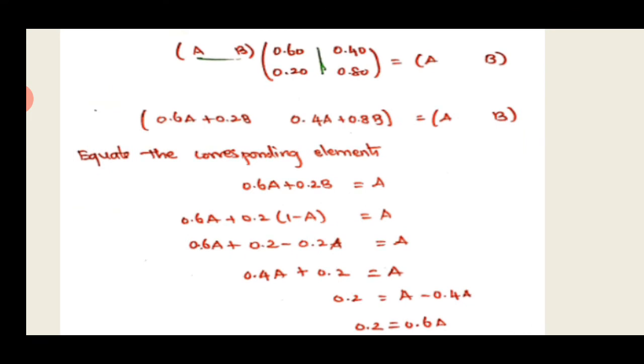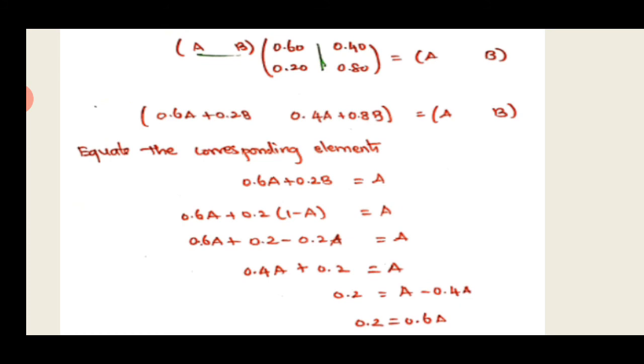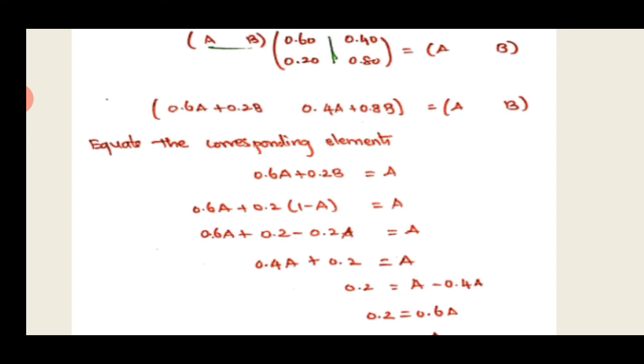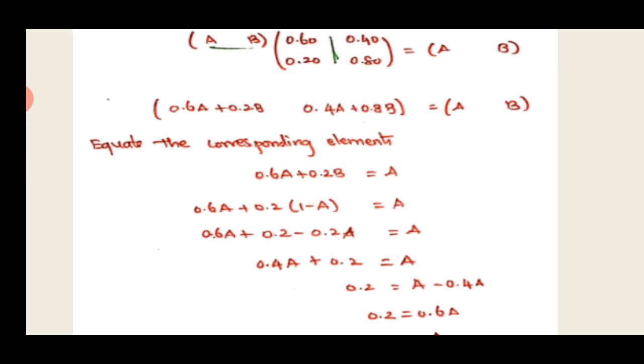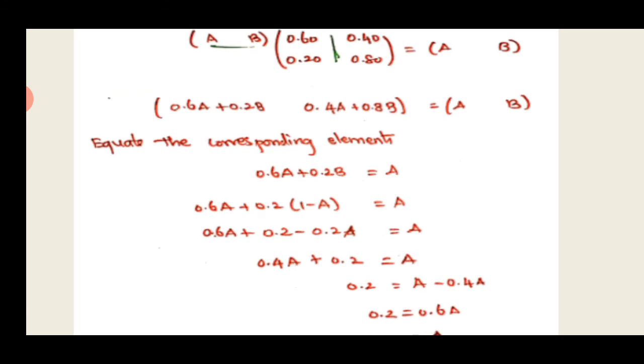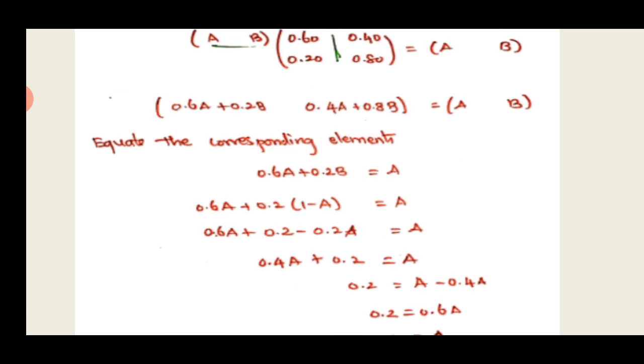We know very well B equals 1 minus A, so multiplying inside, we get the equation 0.6A plus 0.2 minus 0.2A equals A. Now 0.6A minus 0.2A is 0.4A, plus the remaining 0.2, equals A. Take this 0.4A to the other side, so A minus 0.4A. A means 1A, and 1A minus 0.4A is 0.6A.